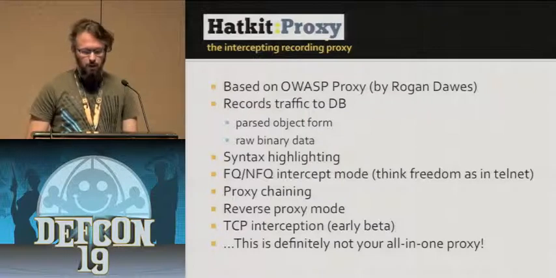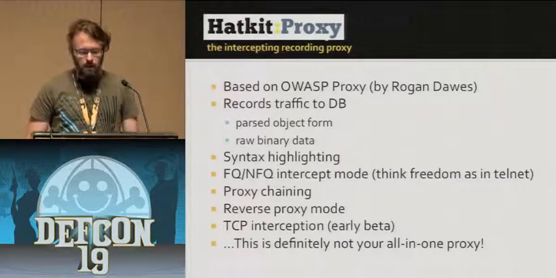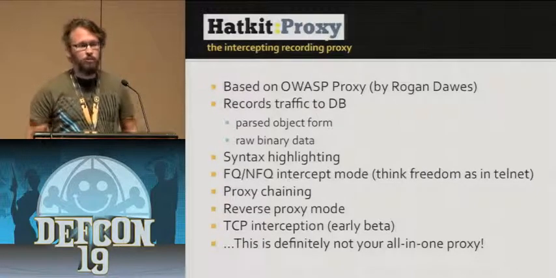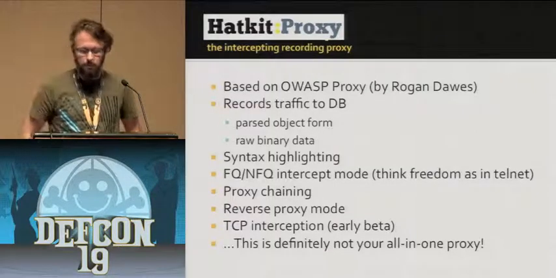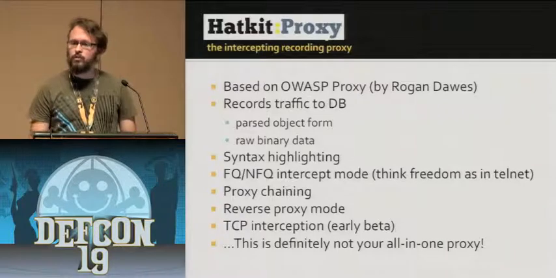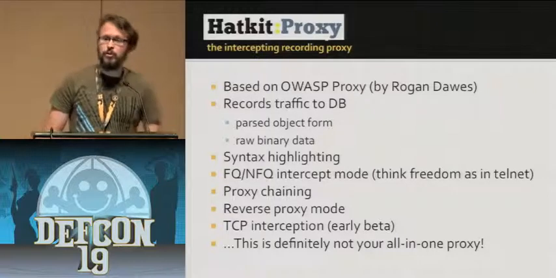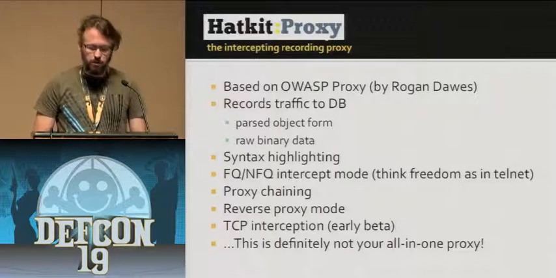It also has TCP interception in the early beta stage, which allows you to intercept TCP communication and modify it in real time, and then just send it through to the server. That's what I'm going to focus on in these last few slides, the TCP intercepting part. Then I'm going to hand over to Martin, who's going to talk a bit more about the data fiddler, which is the other part of the HatKit project.